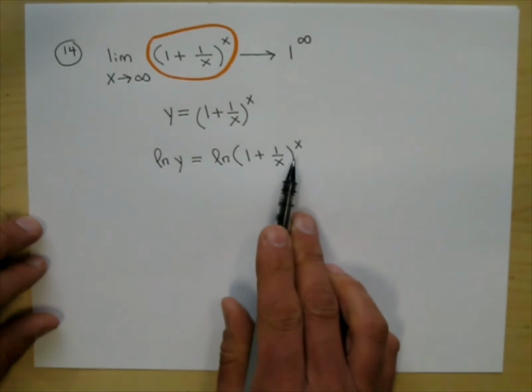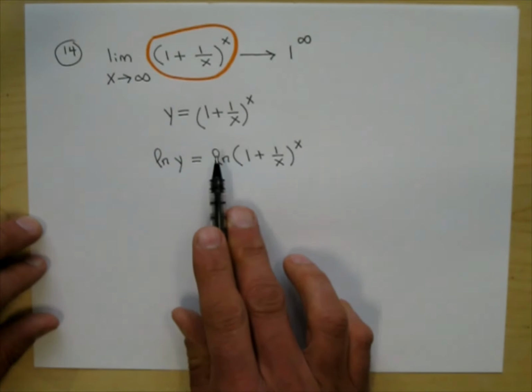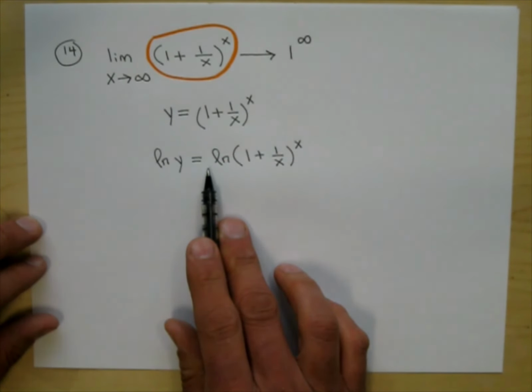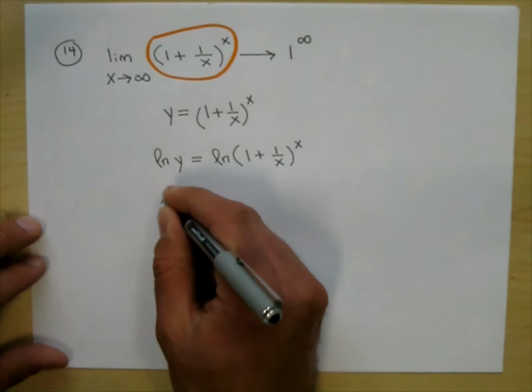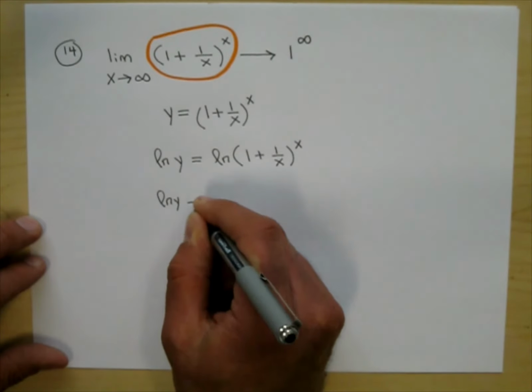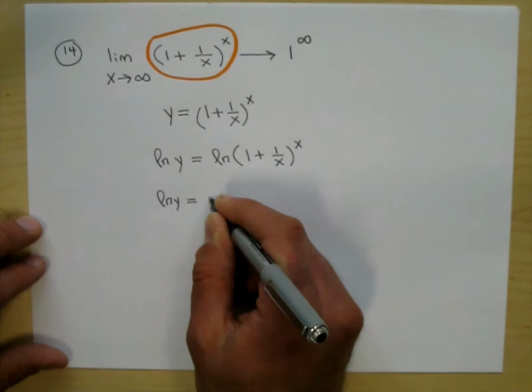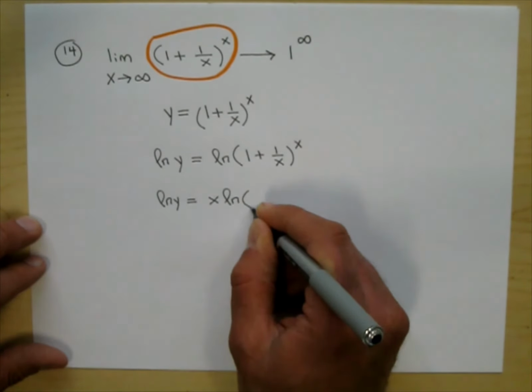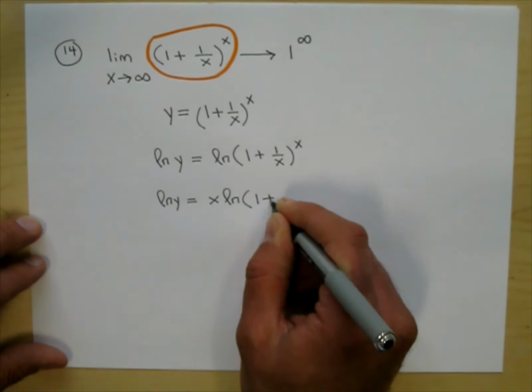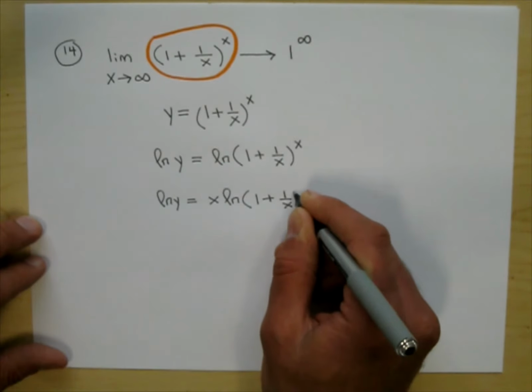What I can do now is bring this x in front by using the power rule for logarithms. So ln y equals x times the ln of 1 plus 1 over x.